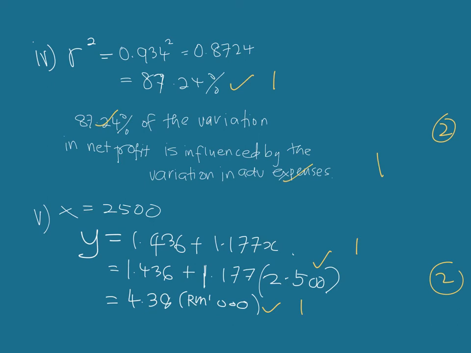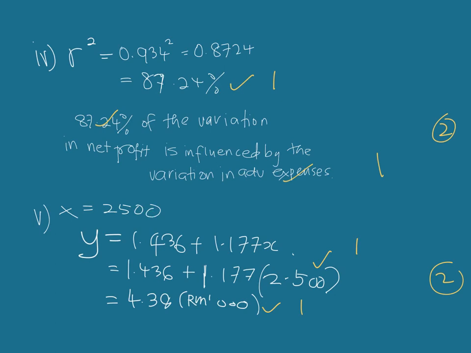We are going to substitute X by the value of 2.5, not 2,500, because all this while our data was in the form of 1,000 ringgit, in unit and decimal points. So we have to represent X in the same manner. So X will take the value of 2.5, not 2,500.